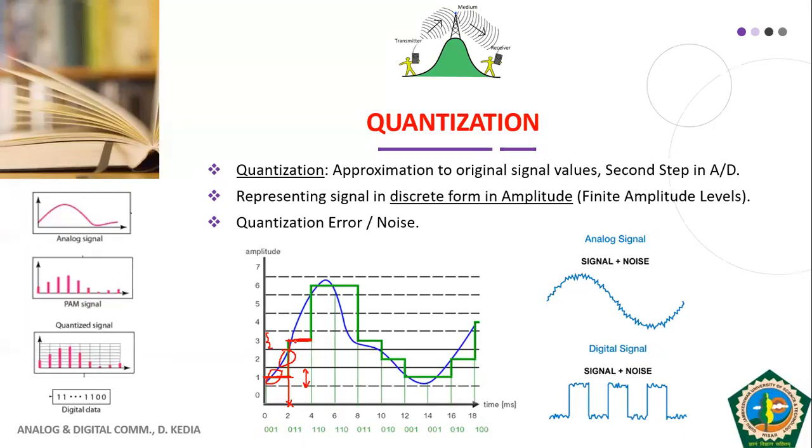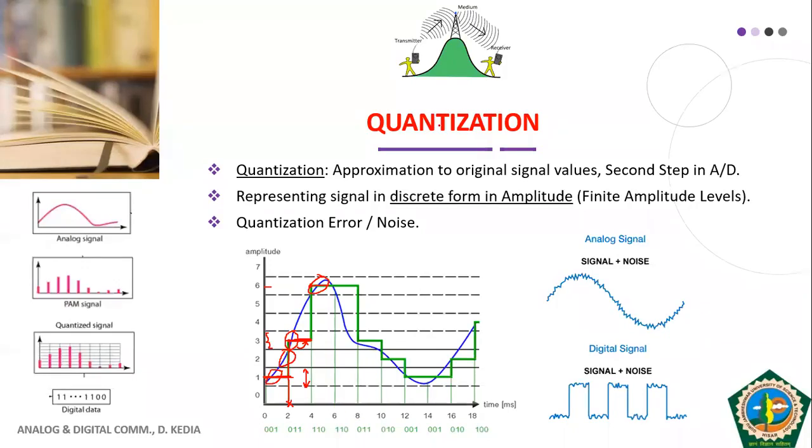So these values of my original signal are approximated to this finite amplitude level. Then at my next sampling instance, at this point, my signal is present within this amplitude range. For this range, I consider the central value as my amplitude level till the time I reach my next sampling instance.